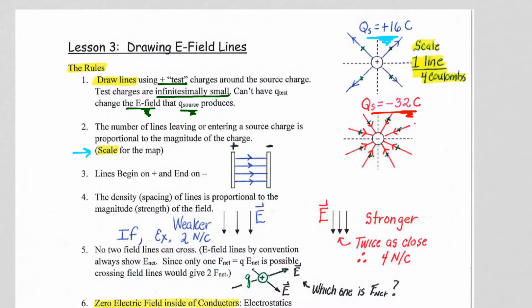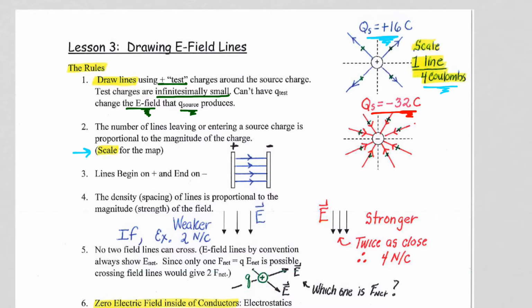But here I chose 1 line per 4 coulombs, right? So 1 line per 4 coulombs means I'm going to use 4 lines for my 16 coulombs, and what you want to do is put your field lines in the quadrants of the map, but not on axes.